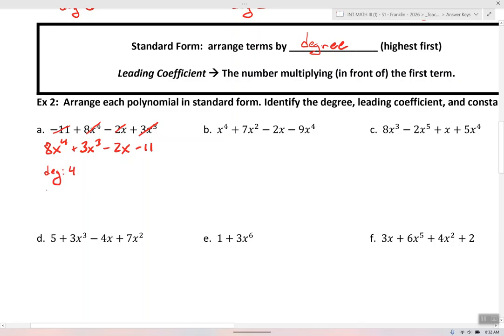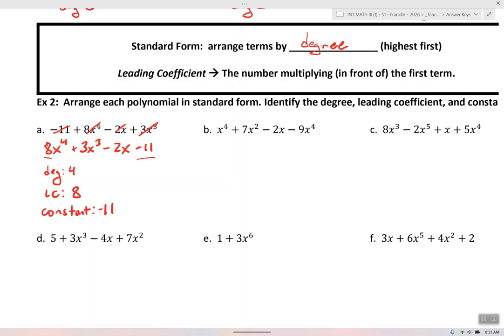The leading coefficient is 8. It's that first coefficient on the first term. And the constant is negative 11. That's that last number without a variable there. Let's try the next one.